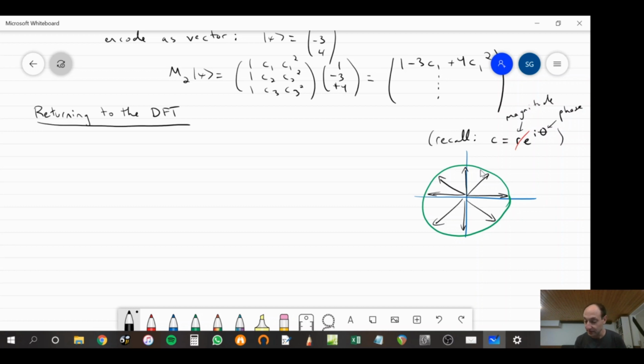In particular, these guys here are the 8th roots of unity, because there are 8 of them. So what we're going to do is talk about the DFT_n, so my vector is of dimension n. I'm going to talk about what I like to think of as the n quintessential complex numbers, and these are going to be the nth roots of unity.